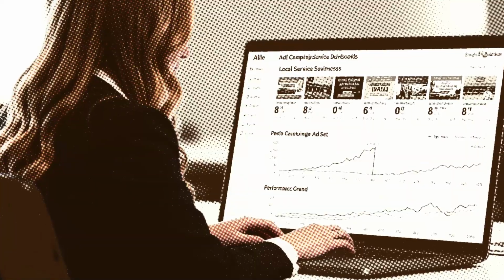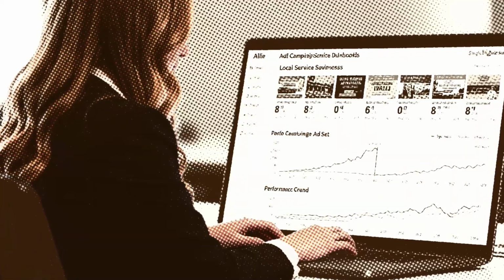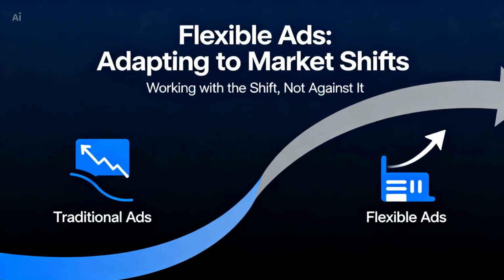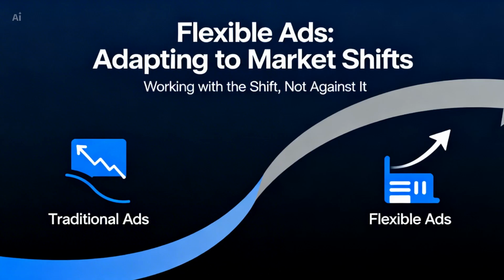I could observe performance trends over days or weeks. Now, if you launch 10 creatives, one might immediately absorb 70 to 80% of the budget within the first 48 hours. If that one burns out quickly, your performance drops fast. That's not a creative problem. That's distribution logic, and flexible ads were introduced as a way to work with that shift instead of fighting it.